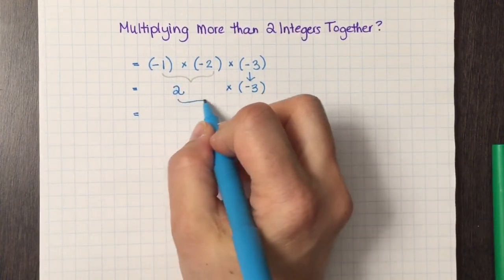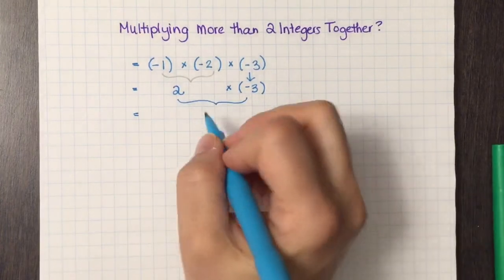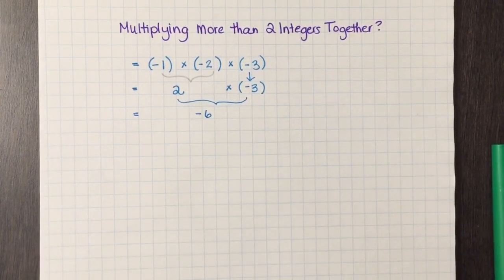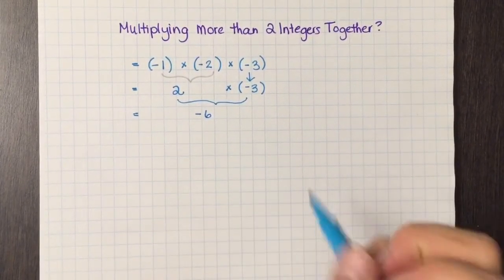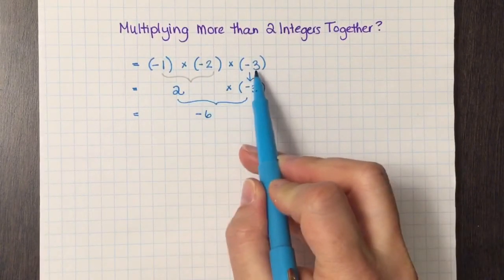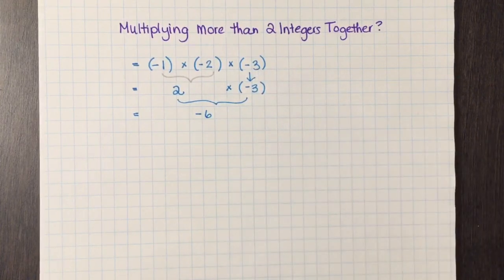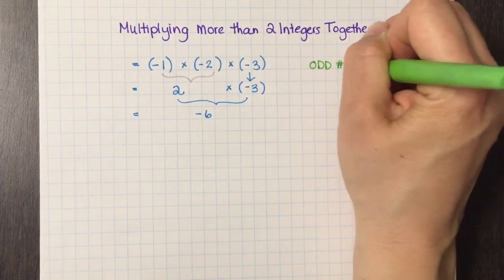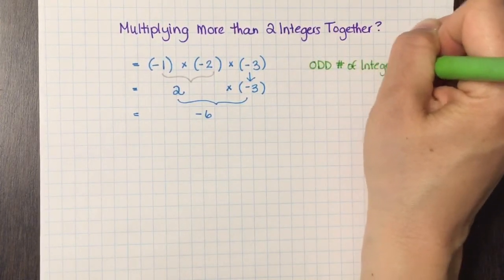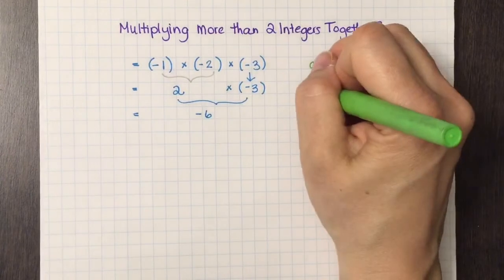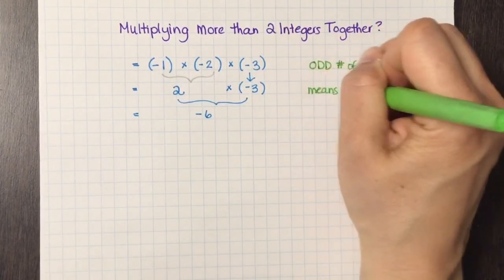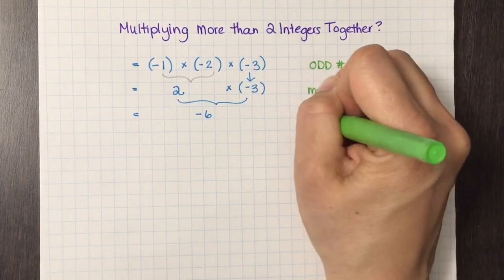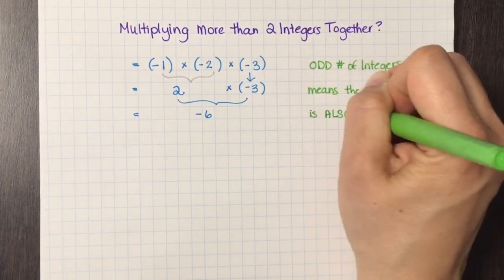2 times -3 together is -6. Now, notice here that the number of integers we were multiplying together was odd. So we had an odd number of integers, which means the product is also odd.